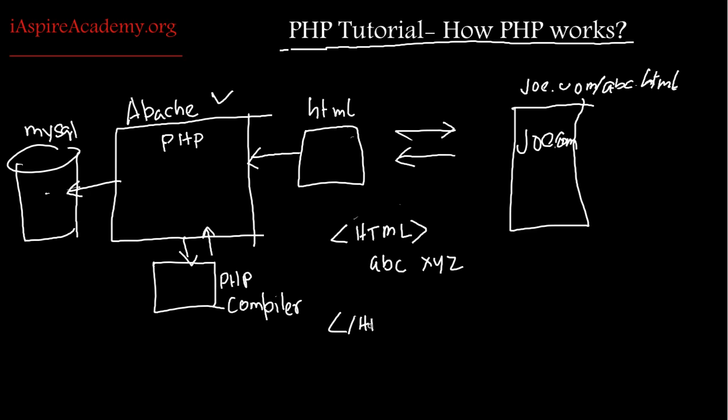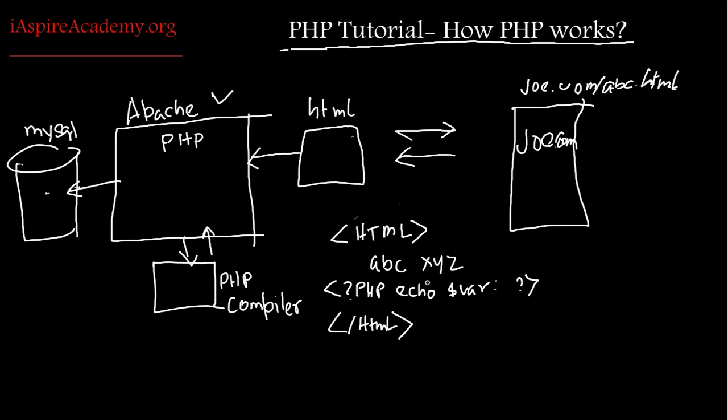This is a very simplified version. Now if you want PHP, you embed a PHP tag like this, PHP, and then you can say echo $var. This is PHP code embedded in HTML.